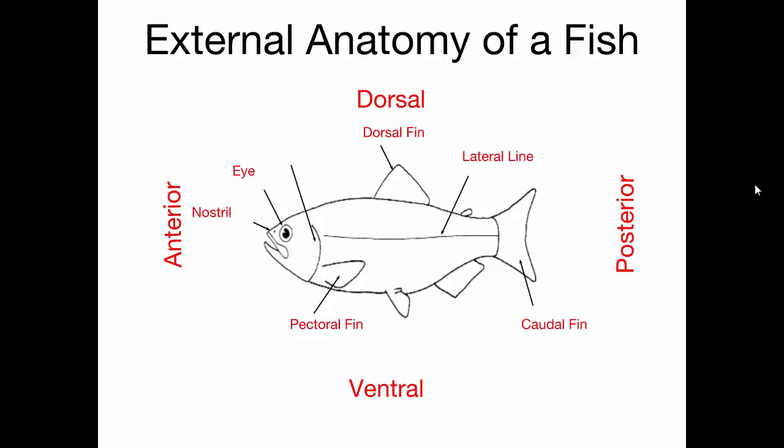This is the lateral line, the sense organ that the fish uses to sense motion and vibrations in the water. And then the cover that protects the gills is right there. It's called the operculum, or the gill cover.